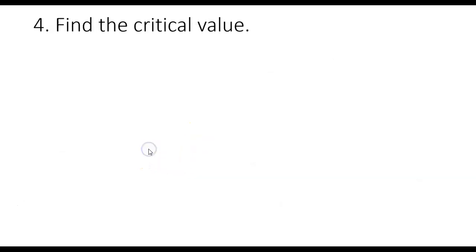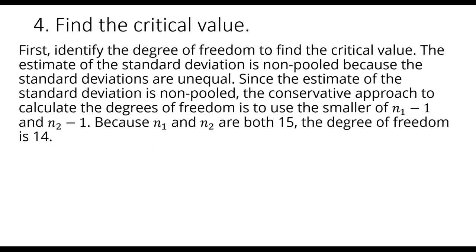Excellent. Now to find the critical value. Because we're using the t distribution, we're going to need to find the degrees of freedom. The estimate of the standard deviation is non-pooled because the standard deviations are unequal. That's the sample standard deviations that we were given.